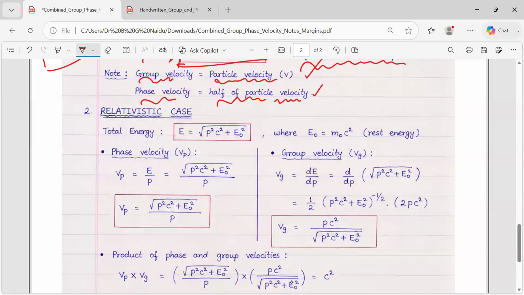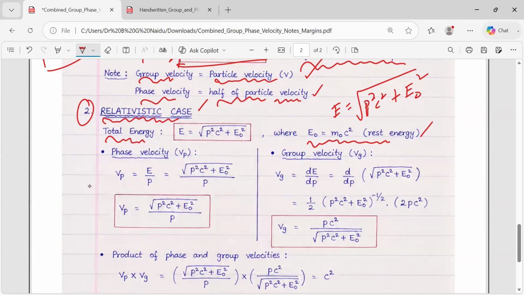And the second one is the relativistic situation. According to Einstein's relativity, the total energy can be written as E equals square root of p square c square plus E naught square, where E naught is the rest mass energy of an electron.